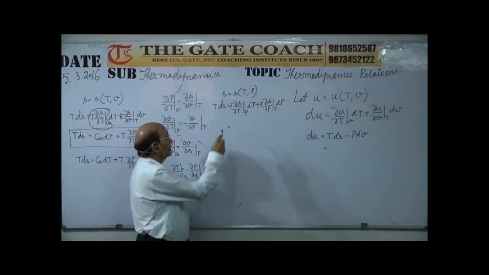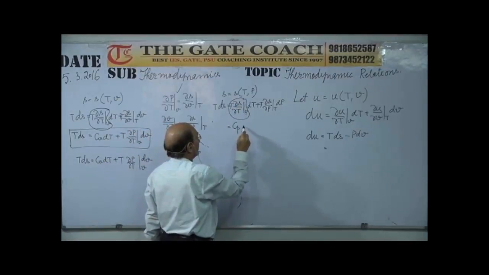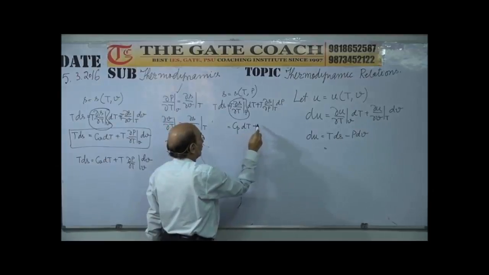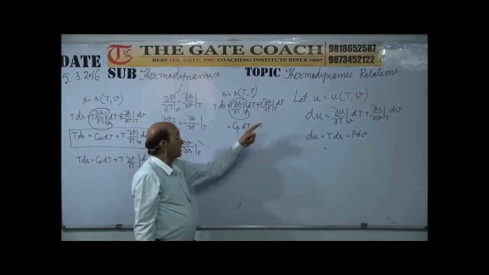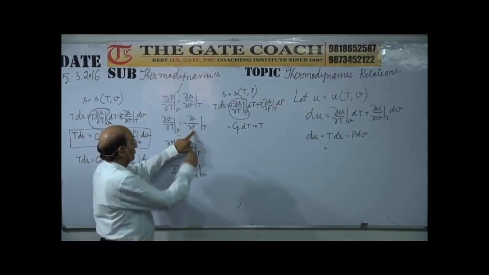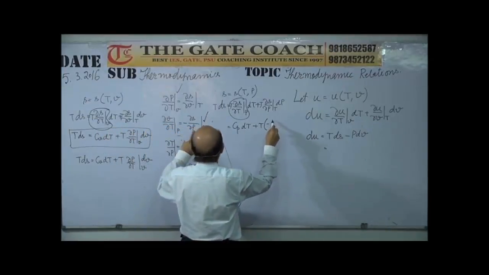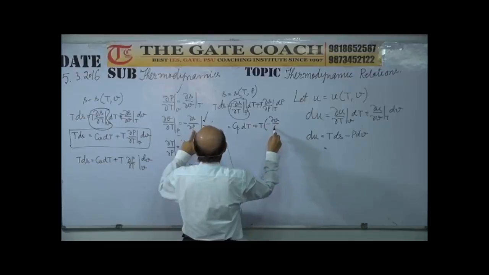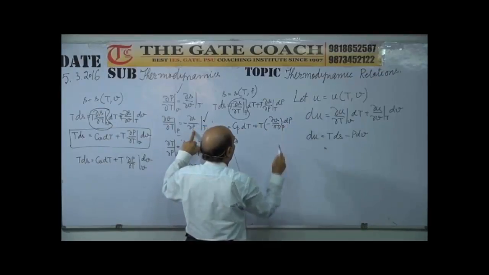This dT is there, so this term is becoming Cp dT plus T, and now del S by del P at constant temperature. This will be replaced by minus del V by del T at constant pressure into dP.